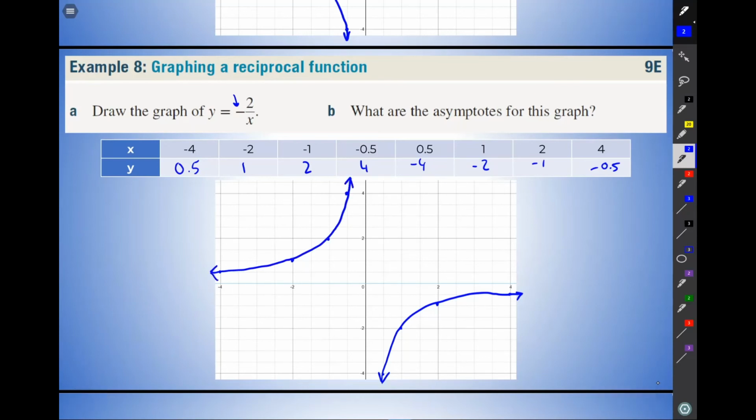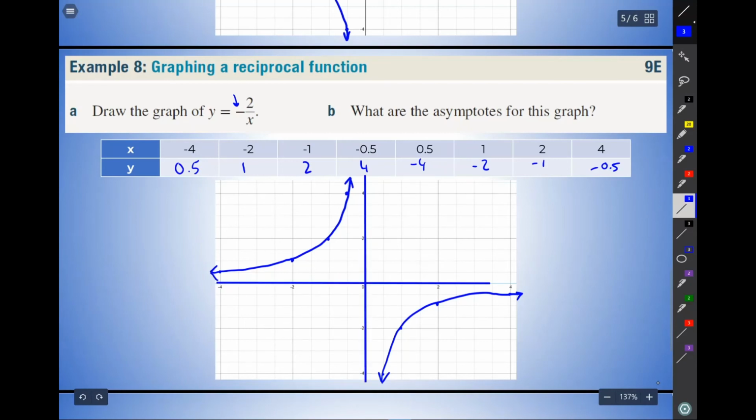Now, part B here, what are the asymptotes of this graph? Well, in this case, it is just the axes. Sorry, I don't know what the right way to pronounce that is. So it's just y equals 0, that's this one, and x equals 0, that's this one.